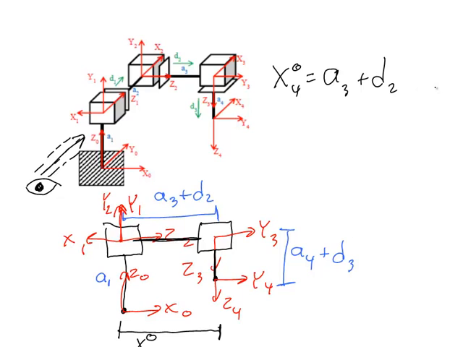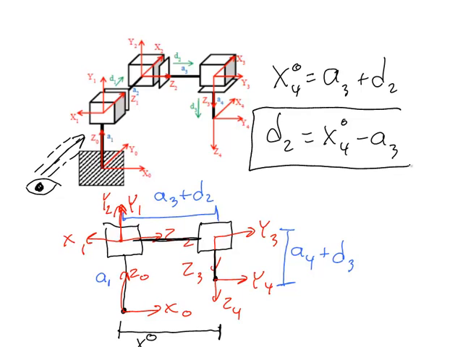I can then change the order of this equation to write that D2 is equal to x04 minus A3. And that gives me one equation that expresses my joint variables in terms of the position of the end effector.